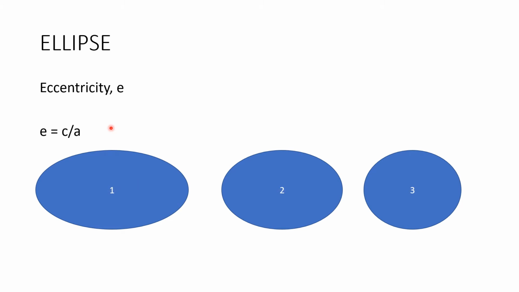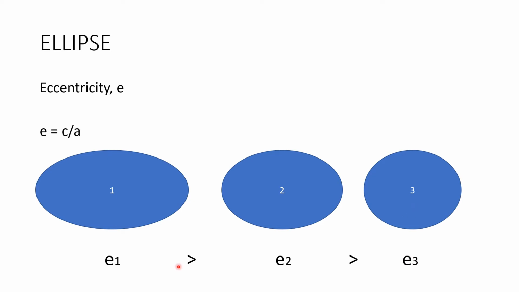Let's say we have these three ellipses: ellipse number 1, ellipse number 2, and ellipse number 3. The eccentricity of ellipse number 1 is greater than the eccentricity of ellipse number 2, as well as the eccentricity of ellipse number 2 is greater than the eccentricity of ellipse number 3.